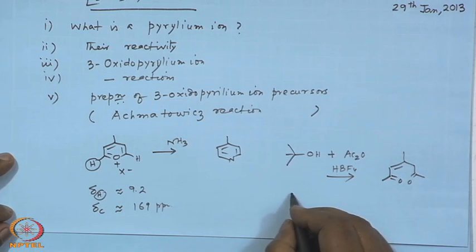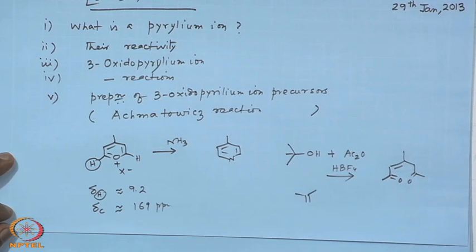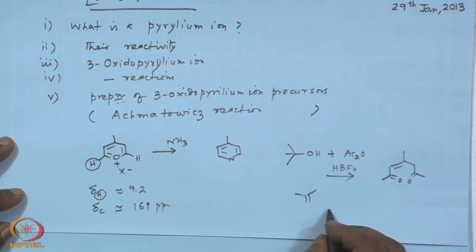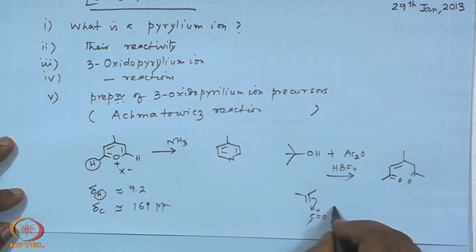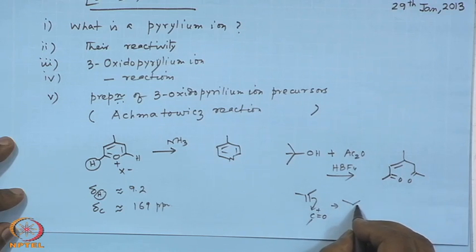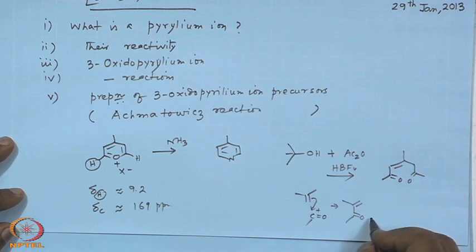That means the basic reaction would be looking like this. If you have isobutylene and then you have acetyl cation, what you will get? You will get a reaction of this kind, and then once again you can have one more.